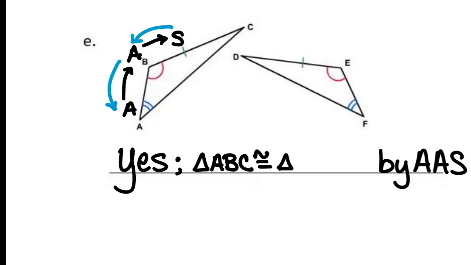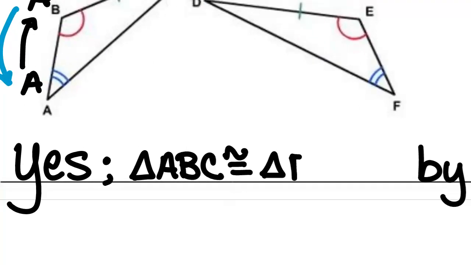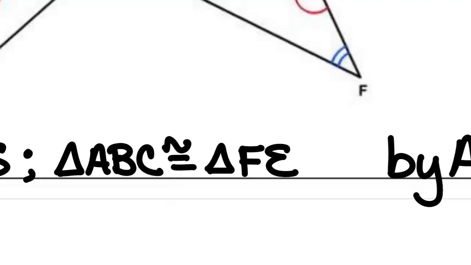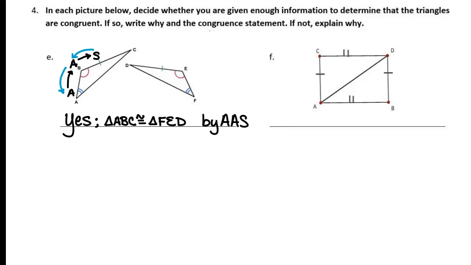So that has to match up with which angle on my other triangle? F. And then I notice that angle B up here has one arc marking on it. So that has to match up with what on my other triangle? E. So triangle ABC is congruent to triangle FED by angle, angle, side.